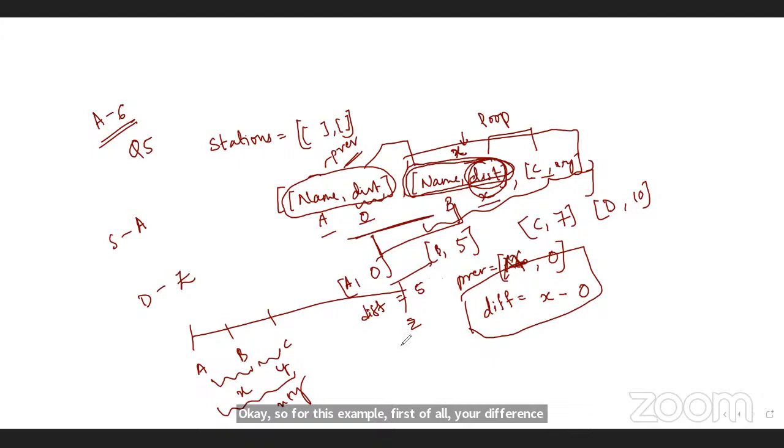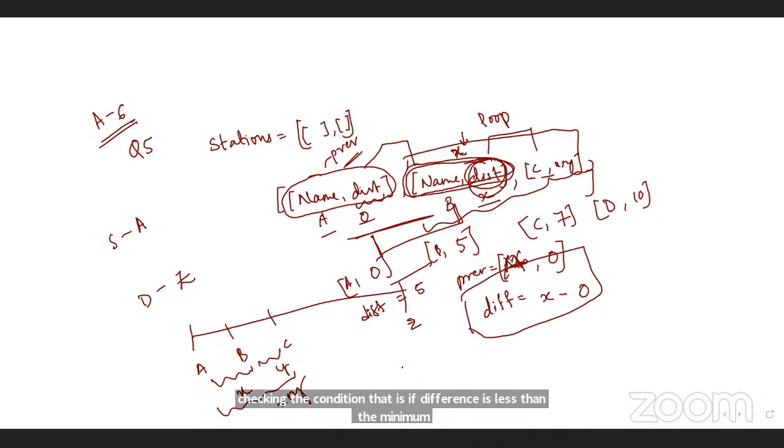And what are you storing here? First is the updation of minimum. First you're checking the condition, that is, if difference is less than the minimum. In the second line, you're updating the minimum variable. And in the third one, you're storing first of last of previous.